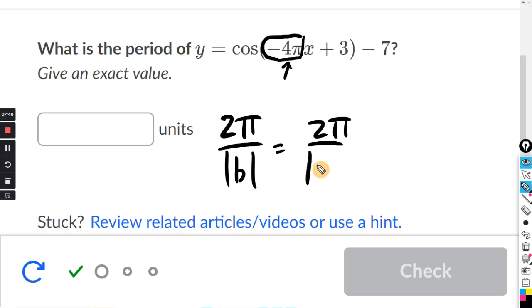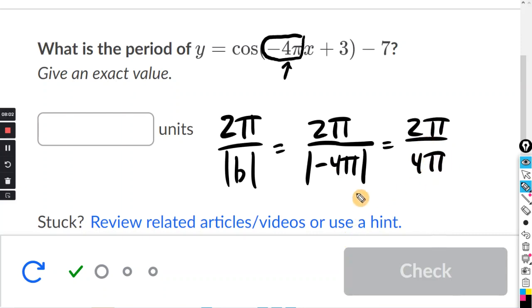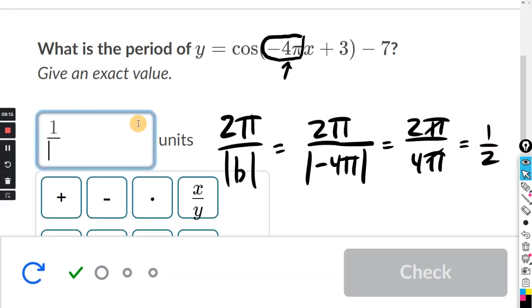So it's the absolute value of -4 pi. We have 2 pi, and the absolute value of -4 pi is just 4 pi. I realize you can do that in one step, I just wanted to show you. Make sure you take the absolute value. Pi over pi is gone. 2 over 4 is 1/2. So it's just 1/2.